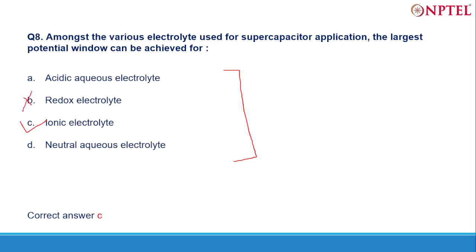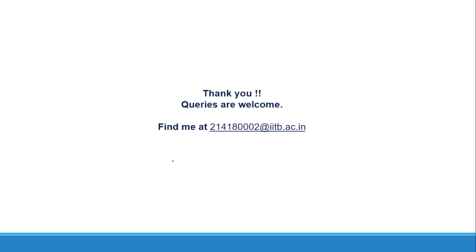Acidic aqueous is much better than the first. And if it is neutral, then there will be less. The correct answer is C.